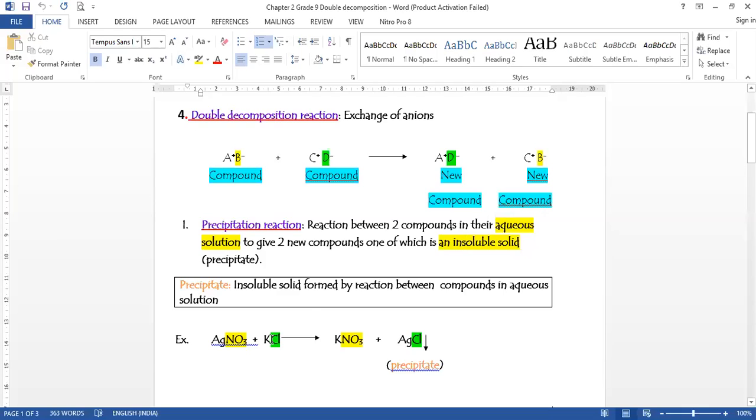A very simple example is given on the screen, which is silver nitrate plus KCl giving you KNO3 plus AgCl. As you can see, in silver nitrate, the nitrate ion goes and attaches itself to the potassium, and the chloride which is with potassium goes and attaches itself with silver.